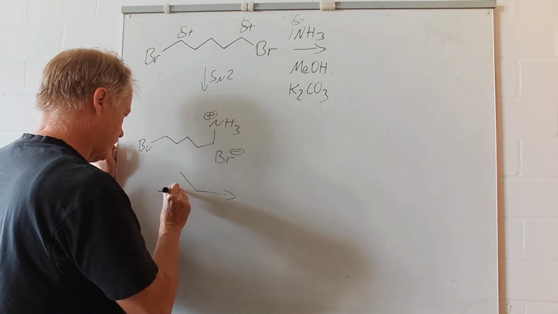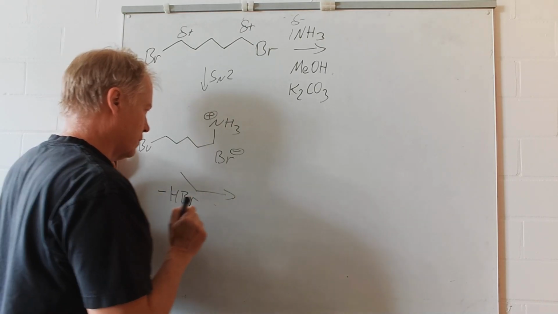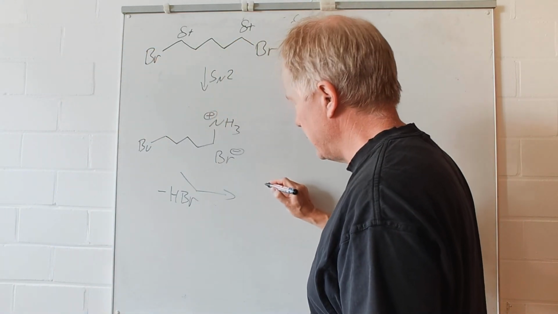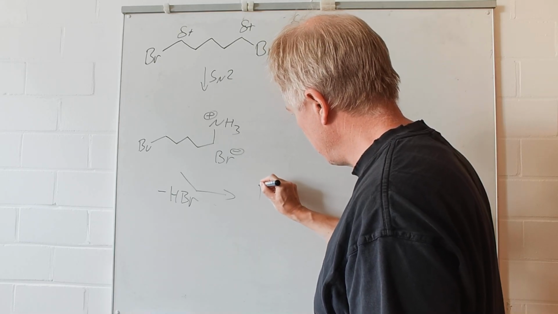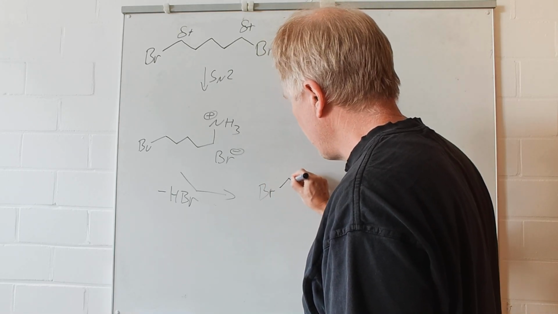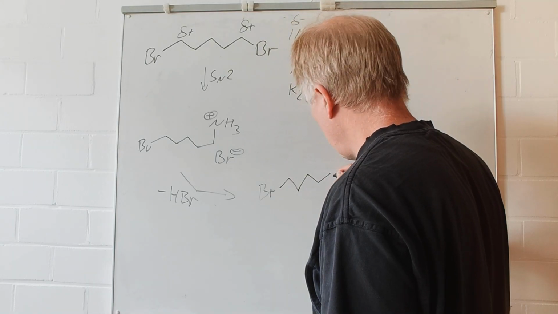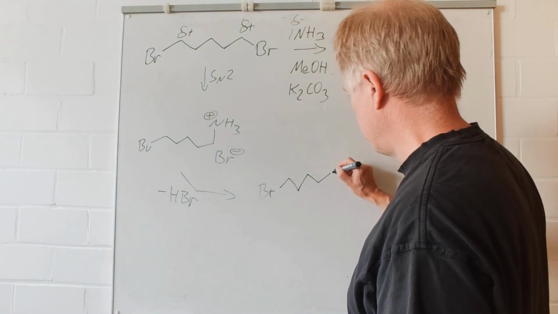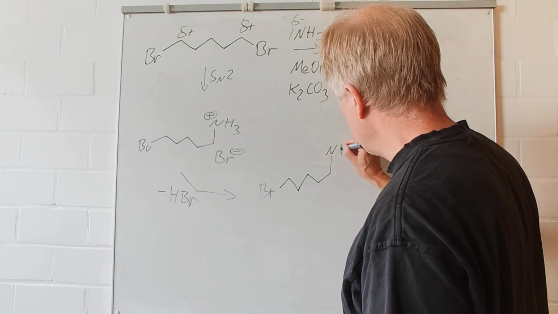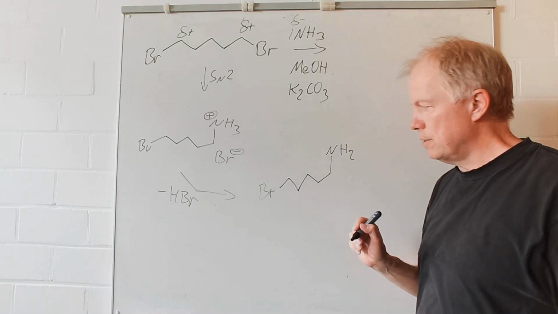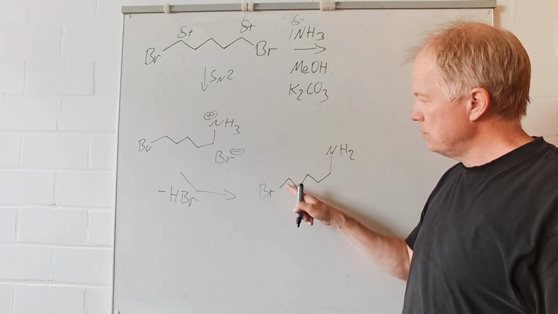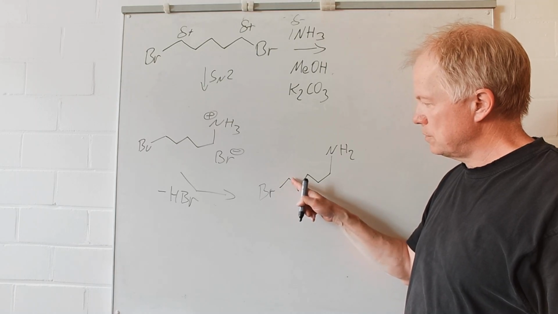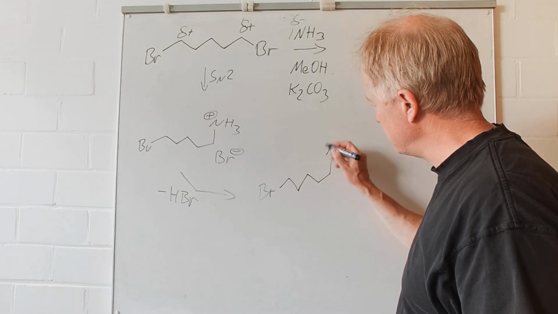So minus HBr, and we will have then a primary amine and intramolecularly offered an alkyl halide.